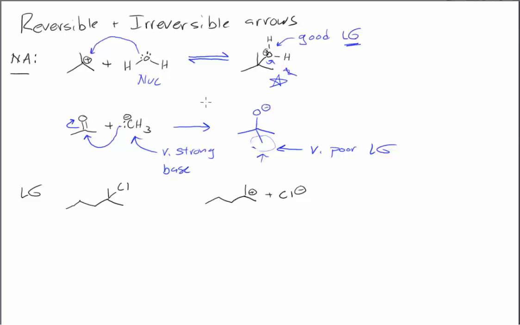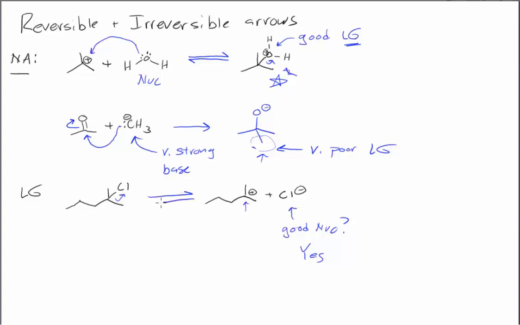So if we look at loss of leaving group, of course, the arrow push for that is a simple arrow like that. We lose chloride. We end up with this tertiary cation here. The question we ask ourselves here is, is the chloride a good nucleophile? And I hope you answer that it is, yes, indeed a good nucleophile.